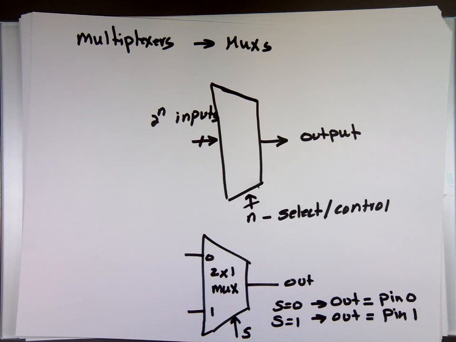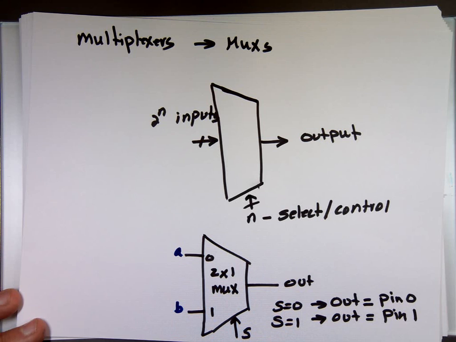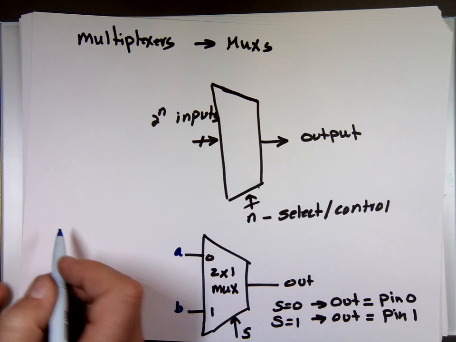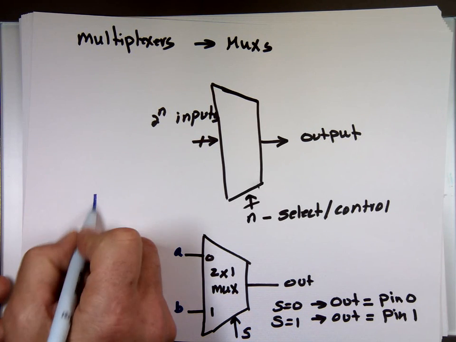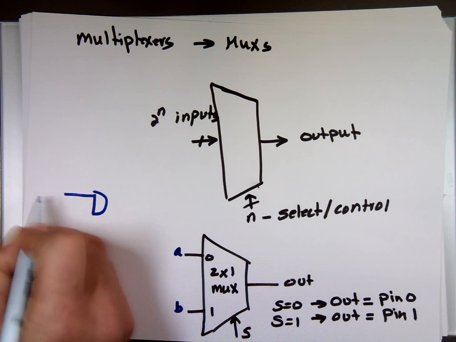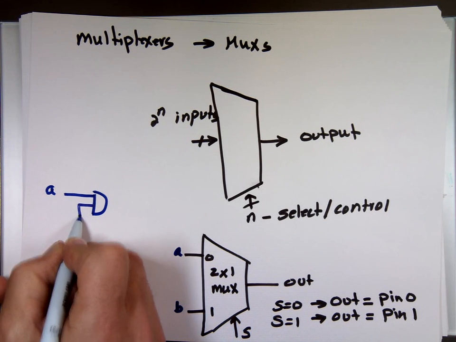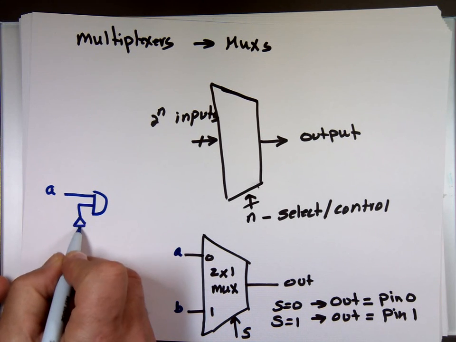Well, what does the inside of that look like? Why is the output always what you attach to pin 0 and 1? Let me call them A and B instead of pin 0 and 1. What you have is an AND gate attached to A. This is a NOT gate.